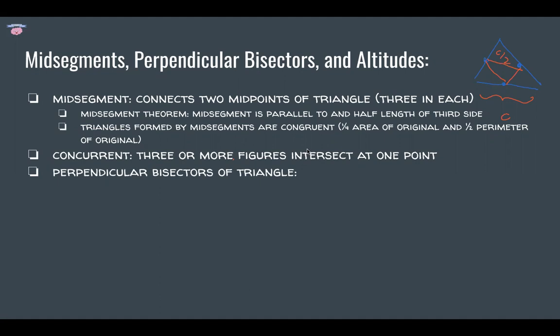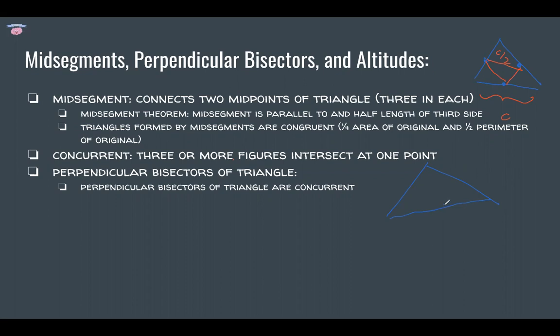So perpendicular bisectors of a triangle, they're concurrent. First of all, a perpendicular bisector is this right here. Remember we talked about a bisector as going through the midpoint, and perpendicular means perpendicular to the segment and going through the midpoint.